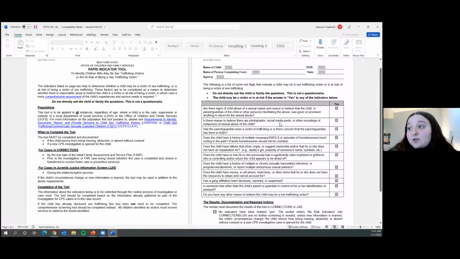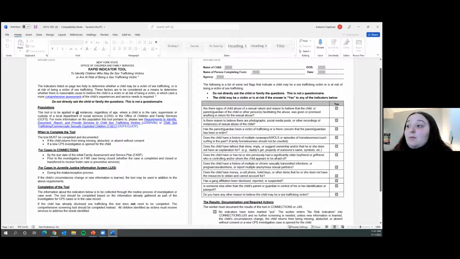Are there photographs or social media posts online or anywhere? Has the parent or guardian been a victim of trafficking, or is there a concern that the parent or guardian has been a victim? Does the child have a history of multiple runaways, AWOLs, episodes of homelessness, couch surfing? Does the child have any tattoos? Do they have or have they had a significantly older boyfriend or girlfriend that was controlling?